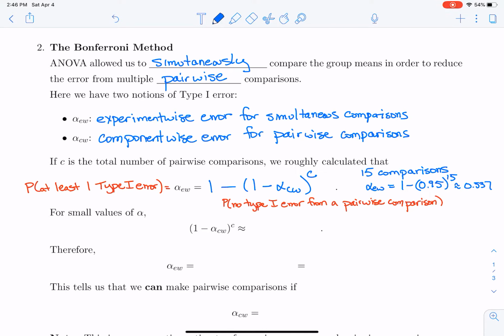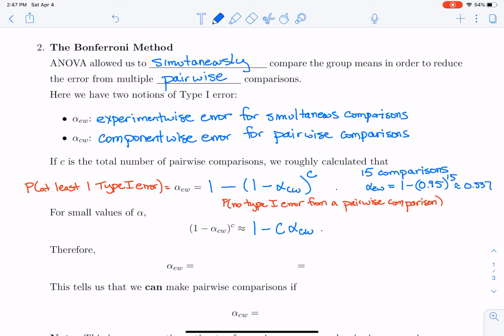So we now have a relationship between the experiment-wise error and the component-wise error. Now for small values of alpha, we can say that 1 minus the component-wise error to the c power is approximately 1 minus c times alpha component-wise.